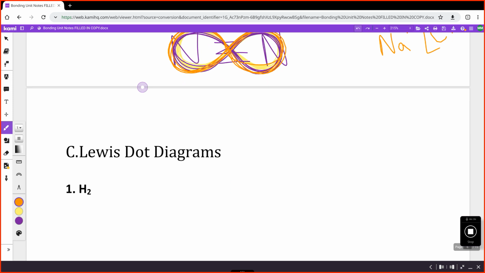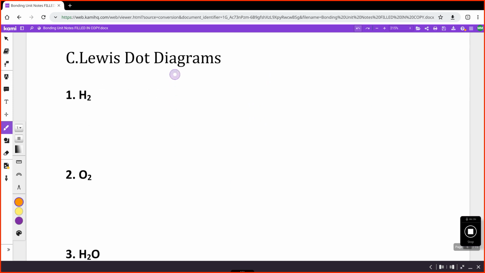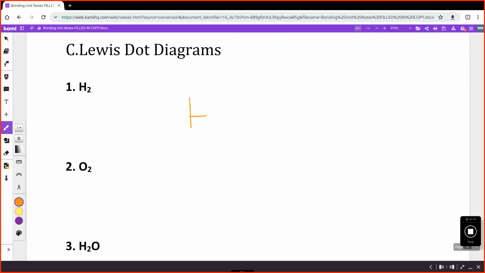Some important Lewis dot diagrams that you want to be familiar with are H2. Now, this is how it works. So you have one hydrogen and you have a second hydrogen. Those 2 hydrogens each have 1 valence electron. Ideally, they want 2.